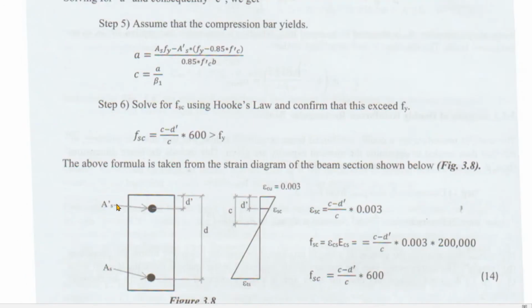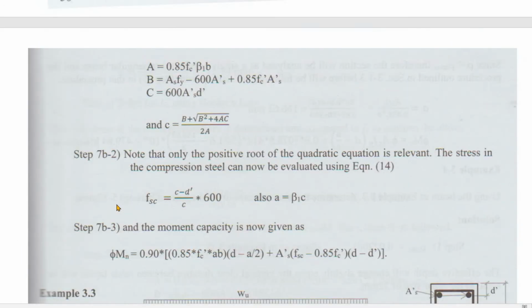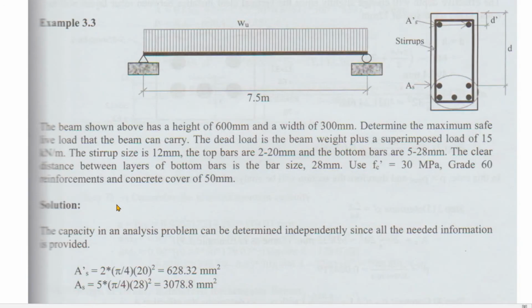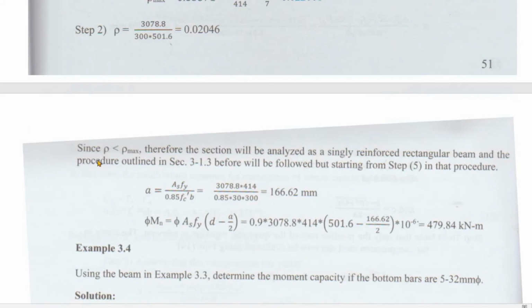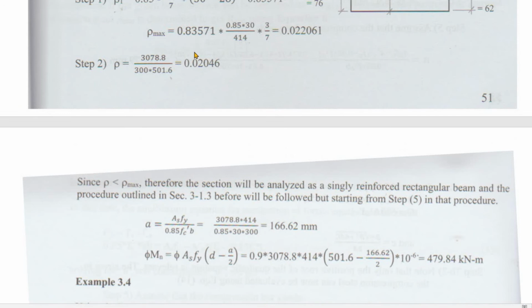Okay, so balikan natin siya. Ayan. Rho is 0.02 which is less than rho max 0.022. So, analyzed as a singly reinforced beam.